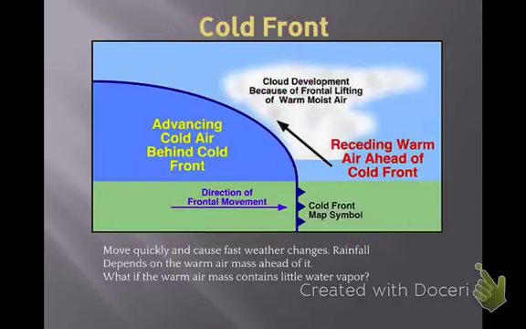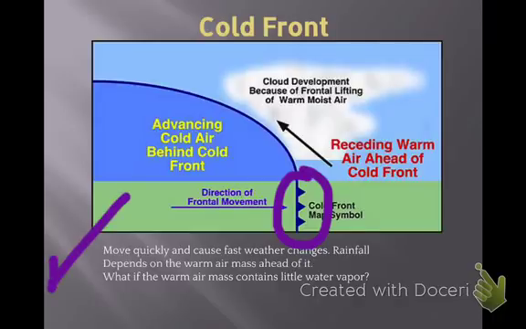Let me get out a drawing so I can show you this. Here we are again. This is still your cold front. This symbol down here, the blue with the triangles on it, looks like icicles, and I'm going to remind you that a cold front is icicles because it's cold and it's blue, just like the blue C on your shower or your faucet at home, because blue is for cold.